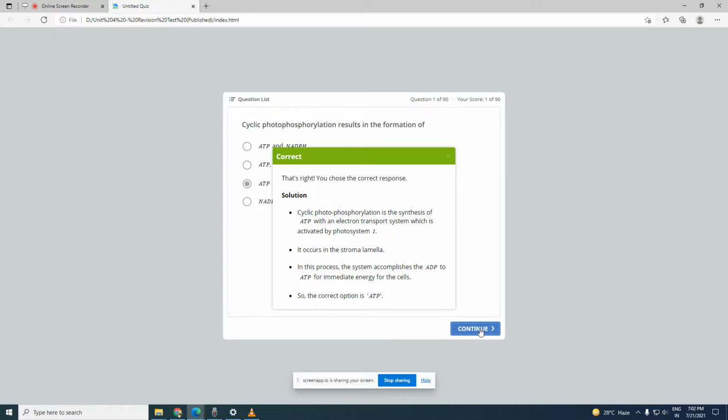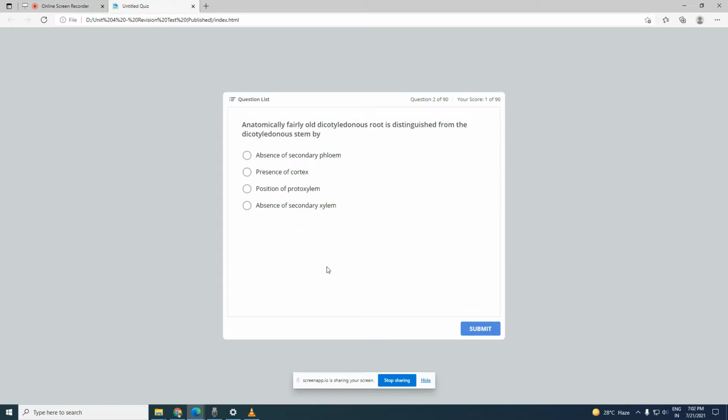Let's go to the second question. Anatomically, a fairly old dicotyledonous root is distinguished from the dicotyledonous stem by: option A, absence of secondary phloem; option B, presence of cortex; option C, the position of protoxylem; option D, absence of the secondary xylem.